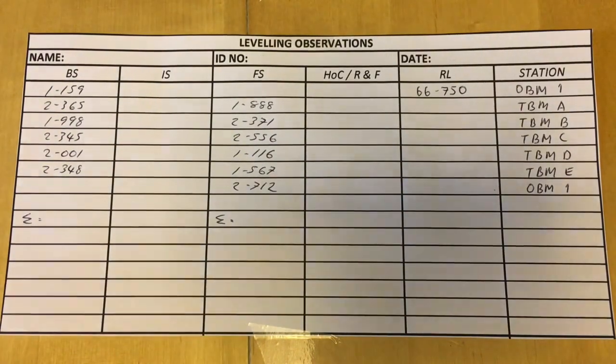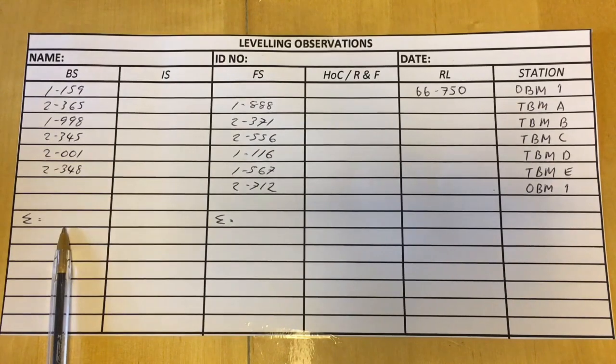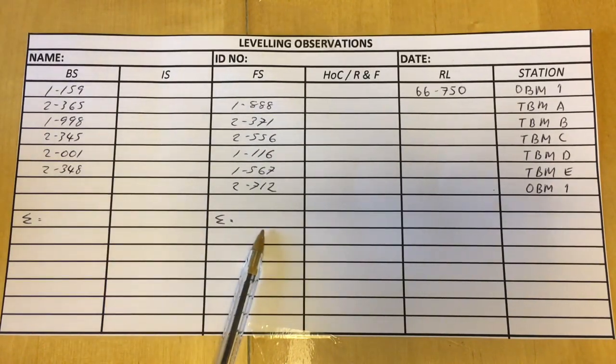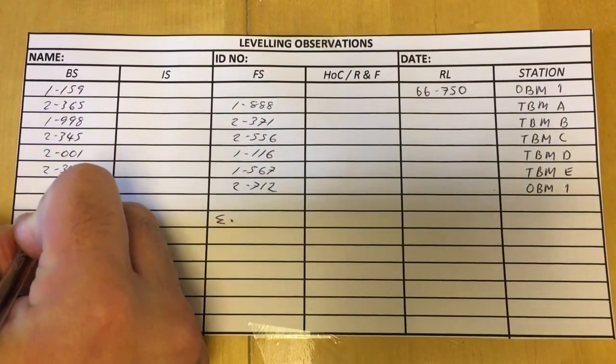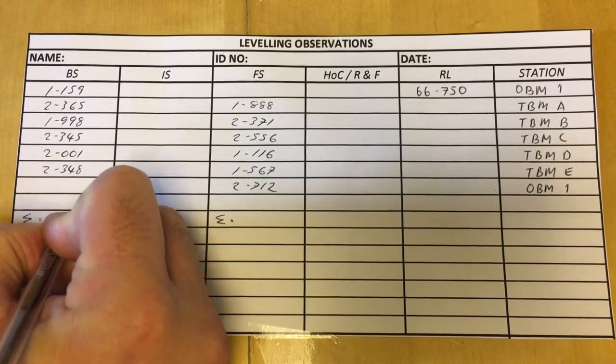The next procedure is to sum up the back sites and then sum up the foresights. We can find any misclosure by the sum of the back sites minus the sum of the foresights.